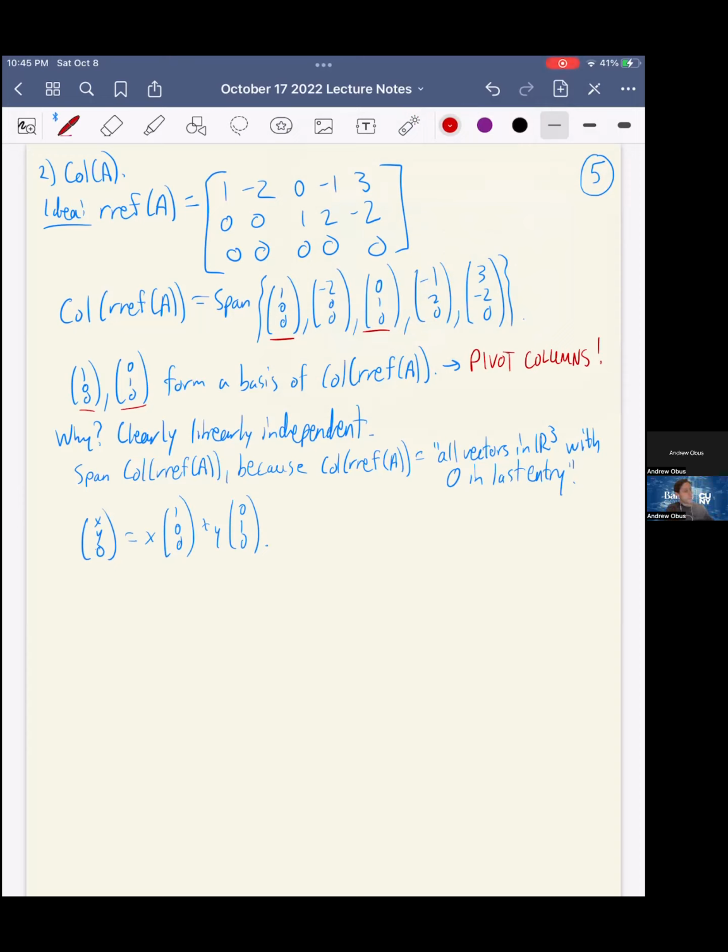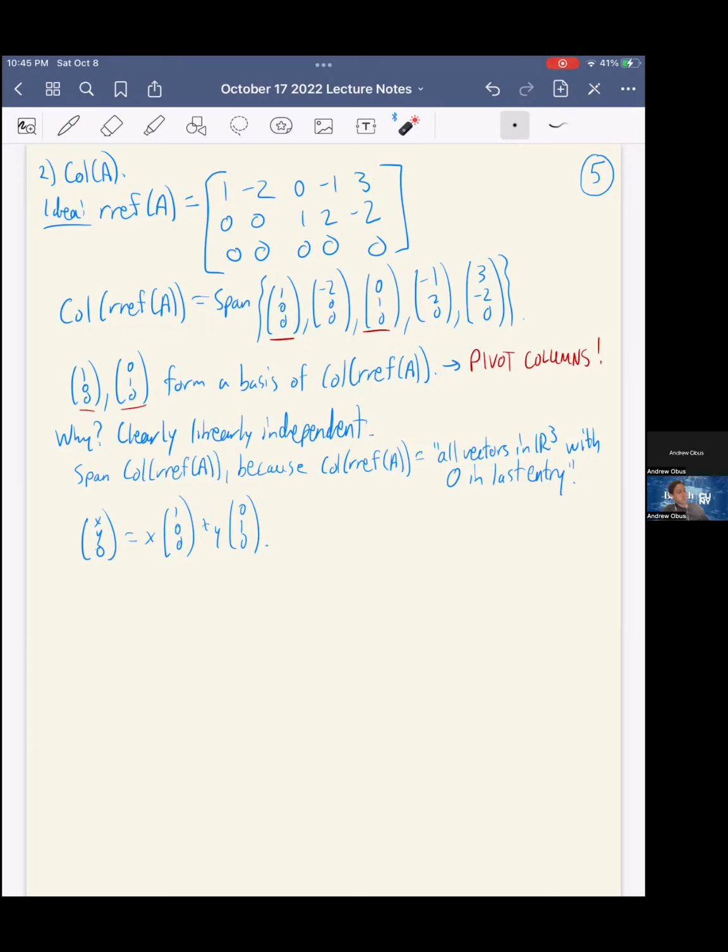So the pivot columns in row-reduced echelon form do form a basis of the column space of the row-reduced echelon form. Okay, in this case, the pivot columns, by the definition of row-reduced echelon form, are always going to look like these kind of standard basis vectors.